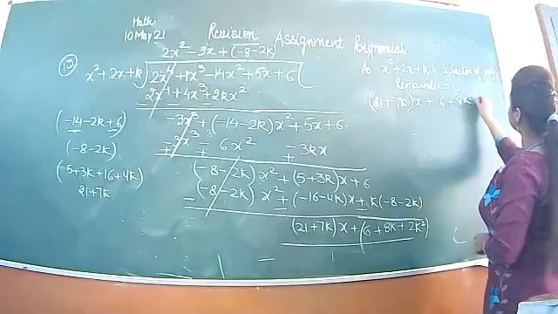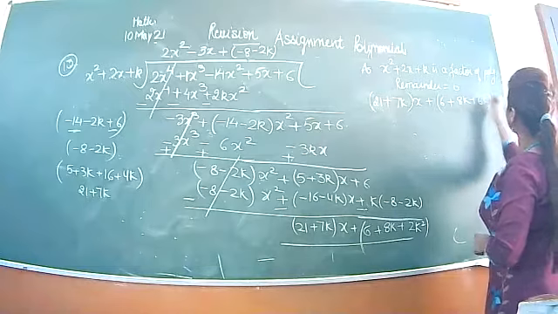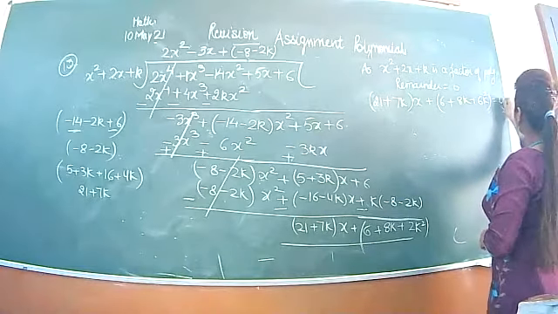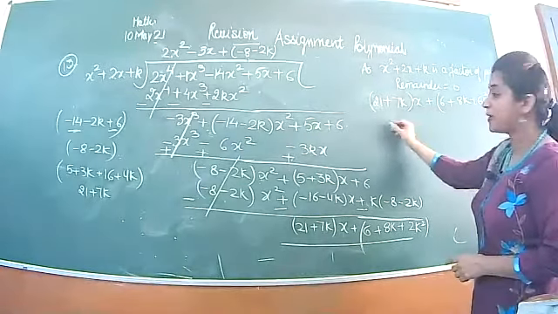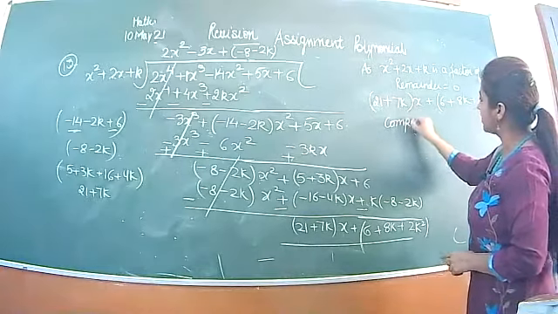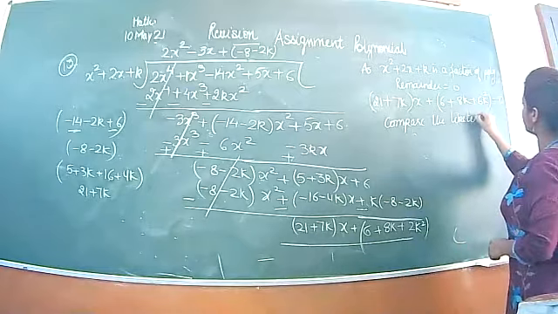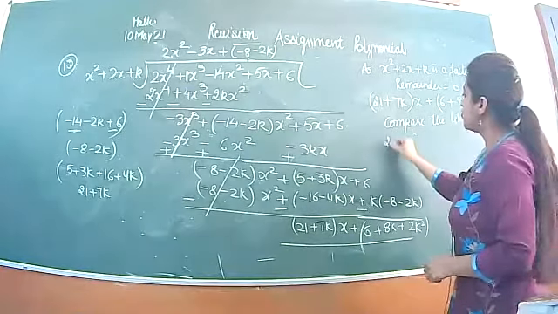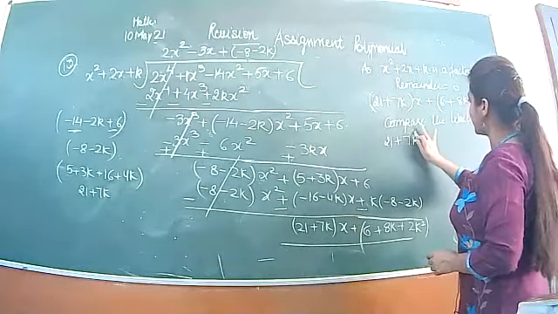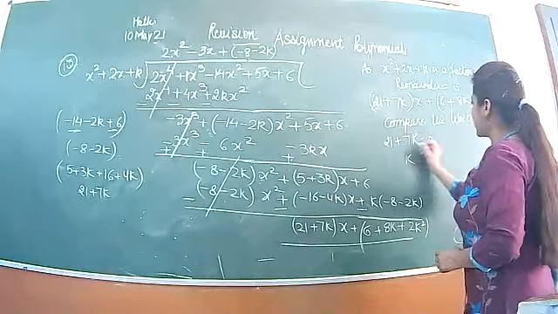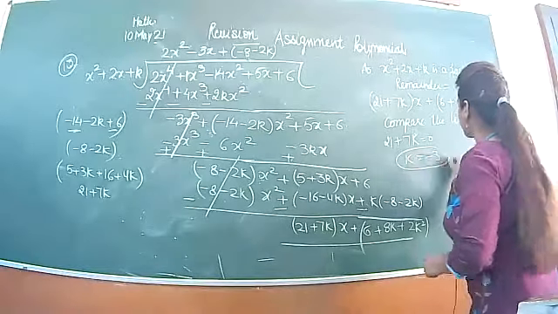You will solve it with 0. So you will compare the like terms. Compare the like terms. 21 plus 7k is equal to 0. K is equal to minus 3.